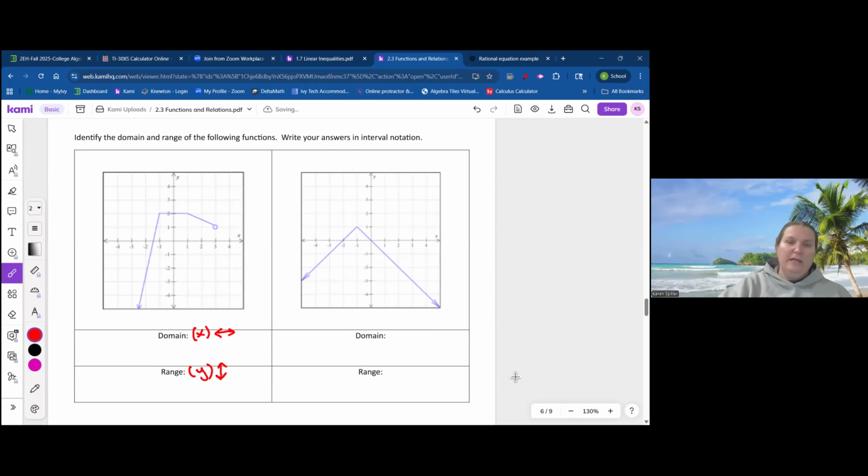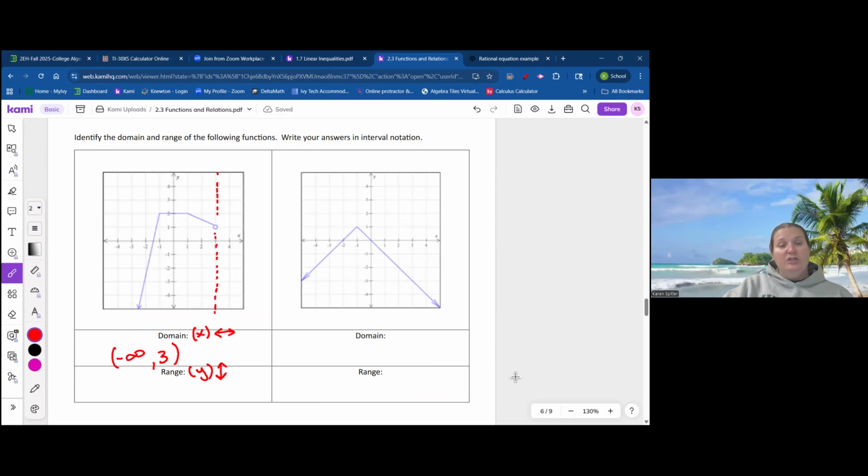Looking at my graph, the furthest it goes to the right is 3, but it's not included, so that's a parenthesis 3. The farthest it goes to the left, there's an arrow, that is -infinity. So my domain is -infinity to 3.